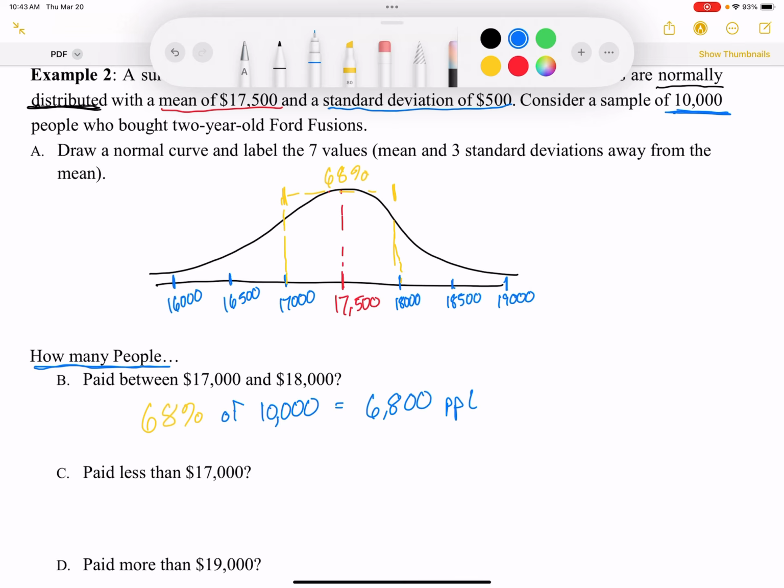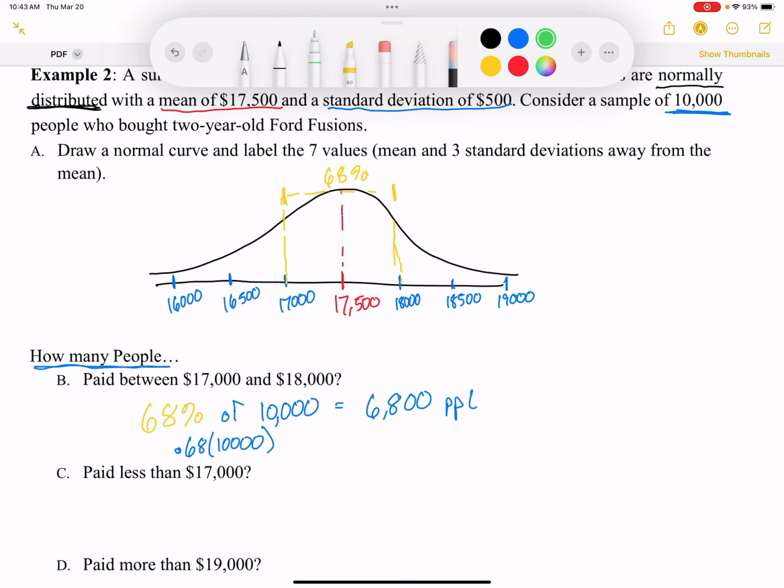All you got to do is just say 0.68, we convert it to a decimal, times 10,000. So 0.68 times 10,000.